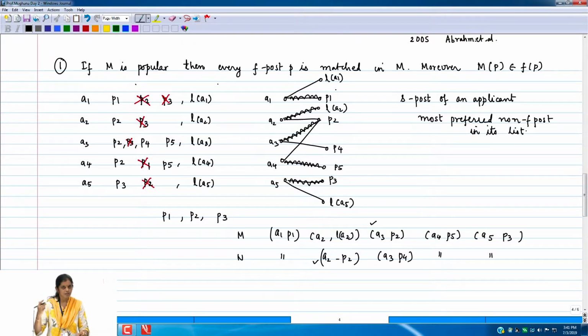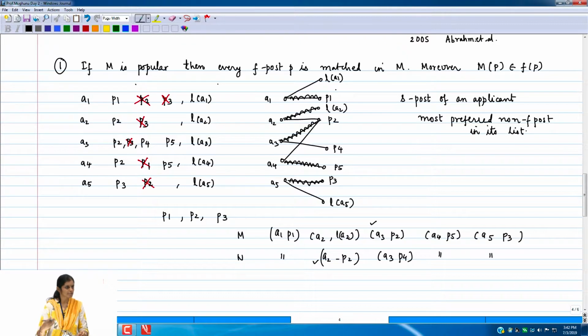Now we will look at the matching one by one and look at a post. If it is an F post and it is not matched, there must be some applicant who would like to get matched to that post. Take any arbitrary applicant in F of P and assign it to that. Change the matching locally and keep doing this. You are not changing the size of the matching. If an applicant was matched, it continues to remain matched.